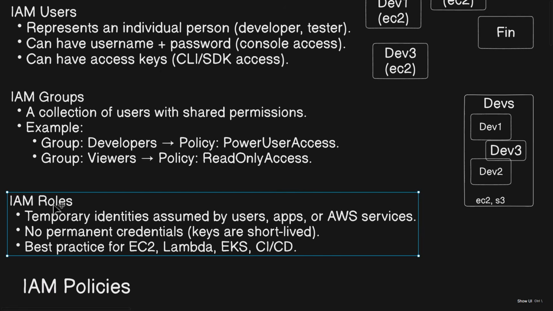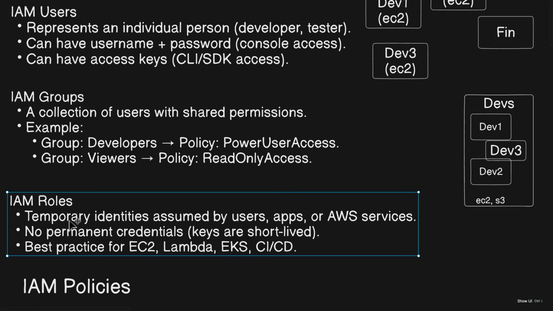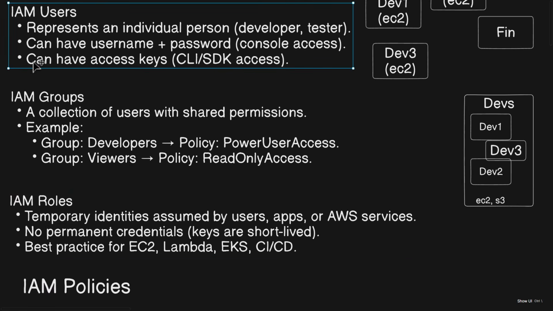Now an IAM role is very similar to an IAM user, just that it does not have any sort of credentials. See, an IAM user is basically an individual person that has a username, password, access key, and it also has permissions. IAM users have policies attached to them.